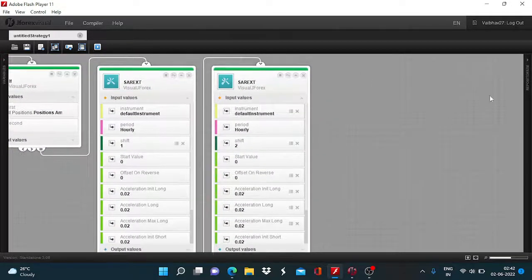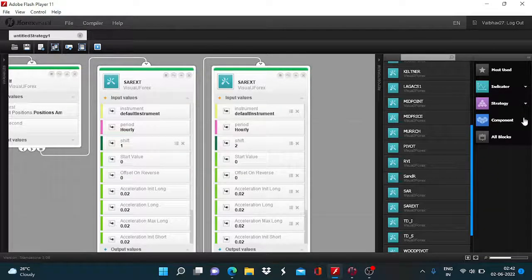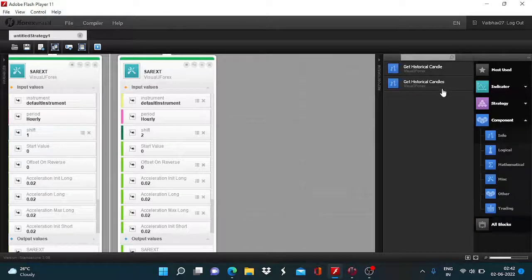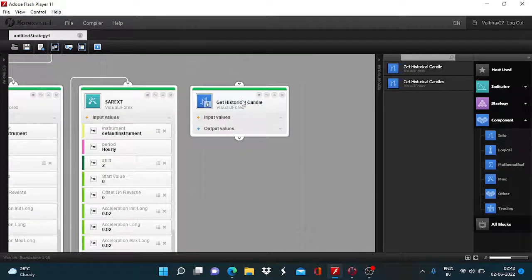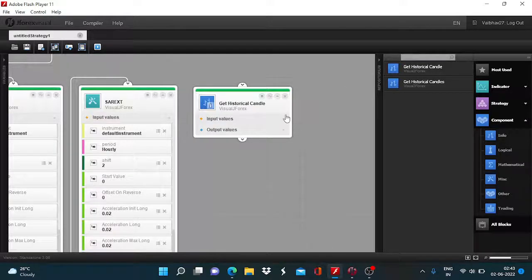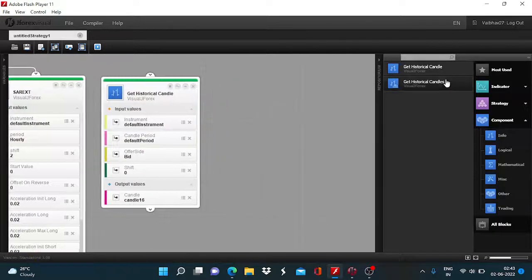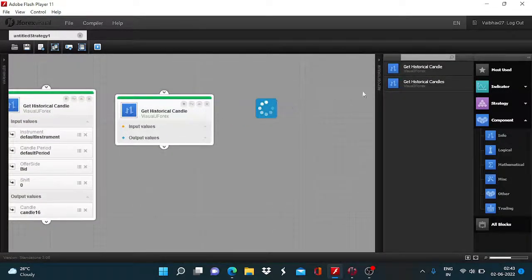Now we also need the info candle to look at the last hour's price volatility. So I will take this get historical candle and we are going to need two of the 10-second candles.